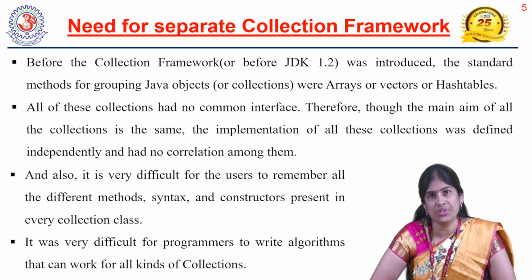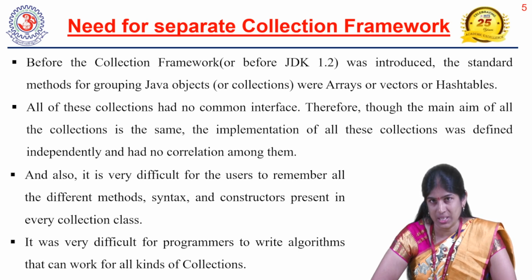What is the need of a separate collection framework? Before the collection framework, which was introduced in JDK 1.2, there were some standard methods used for grouping these objects, like arrays, vectors, and hash tables. But why we are going for this collection framework is that these arrays, vectors, or hash tables don't have any common interface. Since they don't have any common interface, they are not correlated to each other.